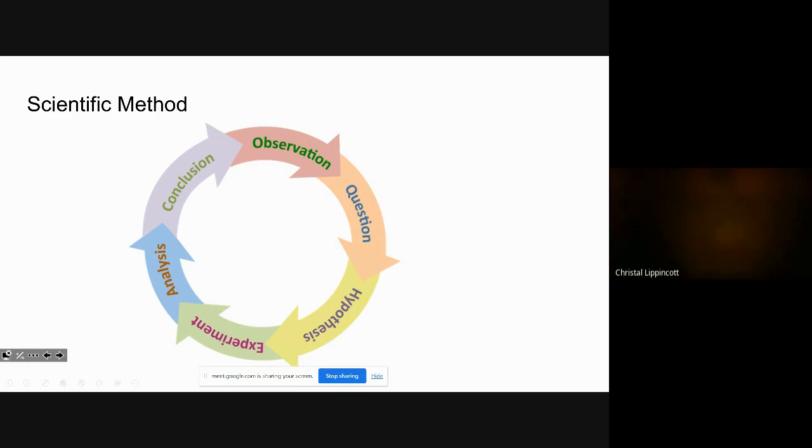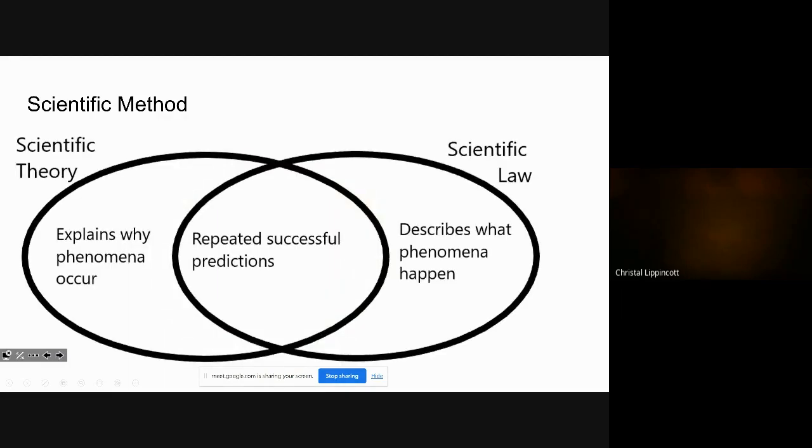If that hypothesis was correct, you might want to redo all of this again, just to make sure that you didn't have any errors. If it was incorrect, then you might want to go back and revise it and then do additional experimentation to try to solve that initial question. Okay, good. From this scientific method, then, you can end up establishing a theory or a scientific law.